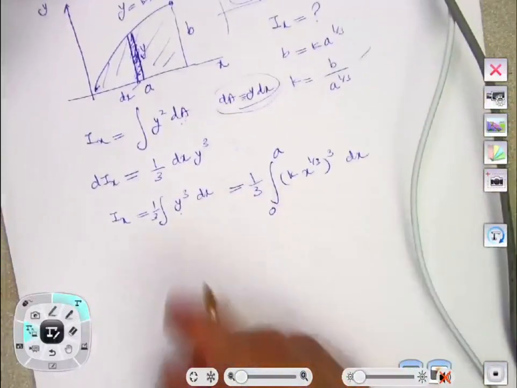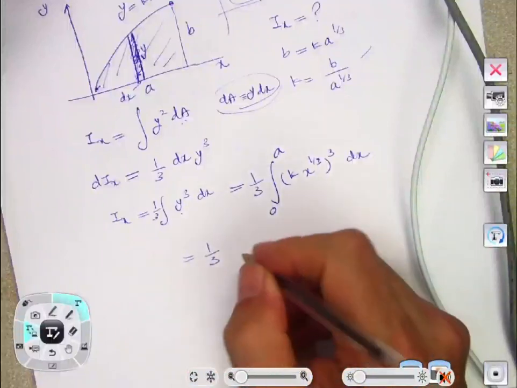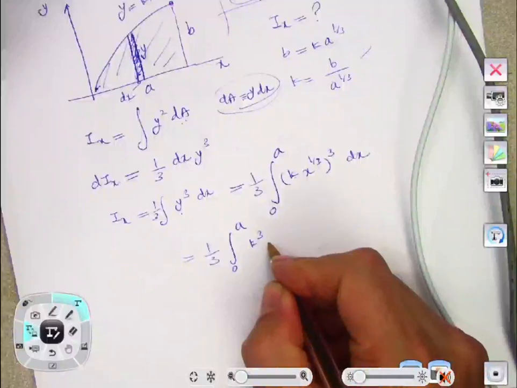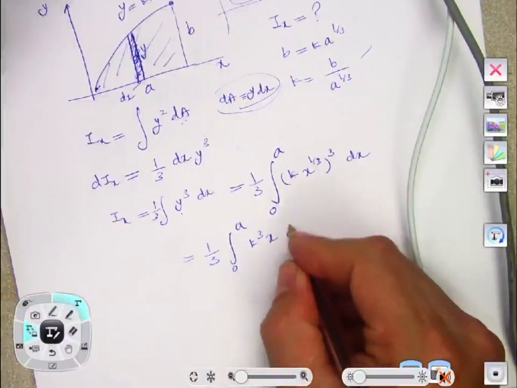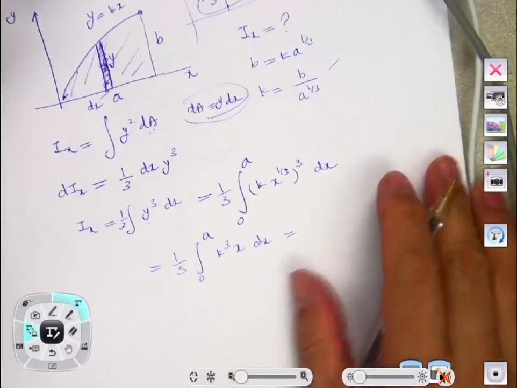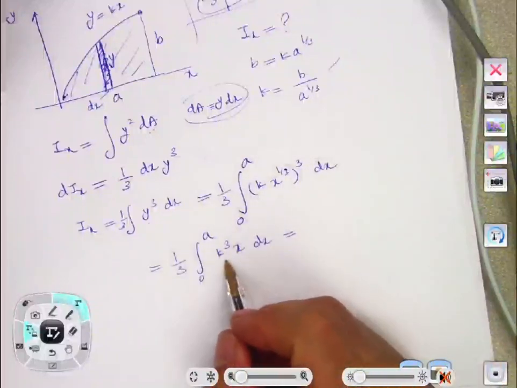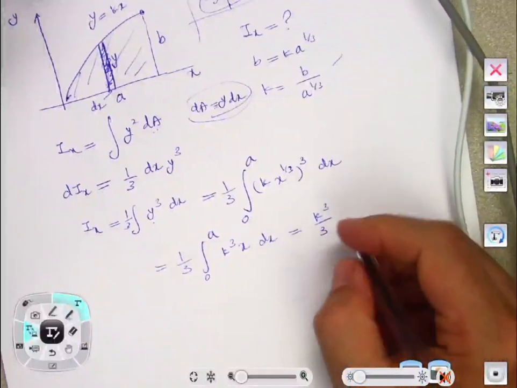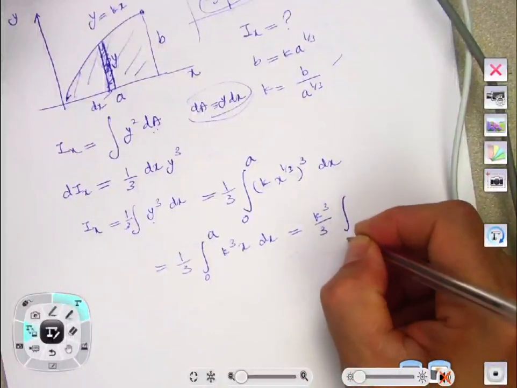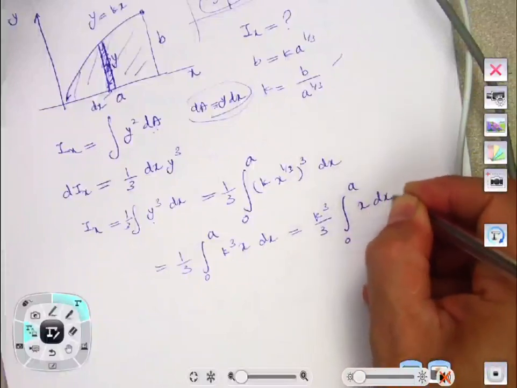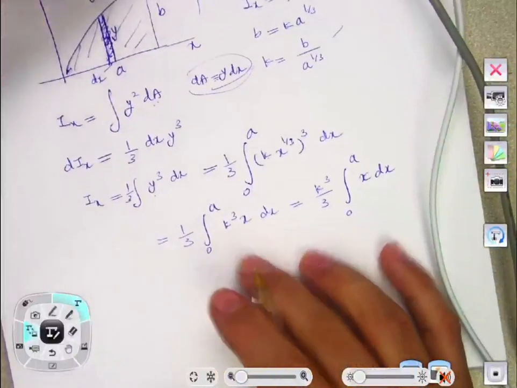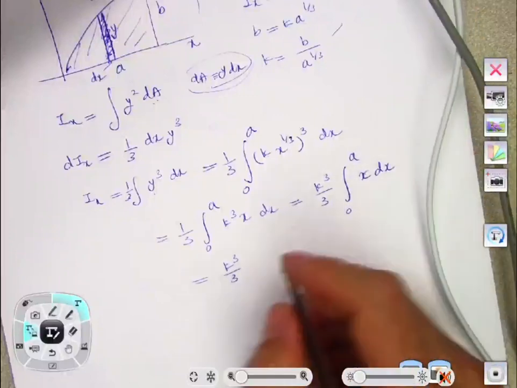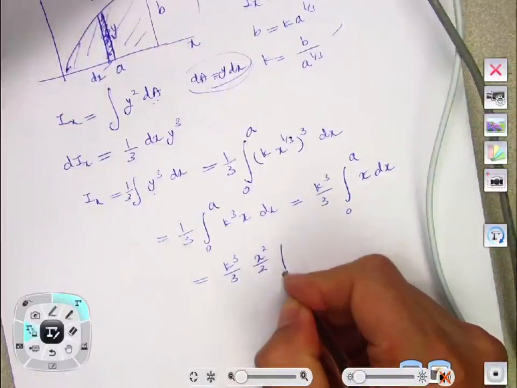This is equal to 1/3 of the integral from 0 to a of k cubed x dx. Alright, k cubed is a constant, so I take it out. I'm going to have the integral from 0 to a of x dx. What is the integration of that? It's k cubed divided by 3, times x squared divided by 2, from 0 to a.